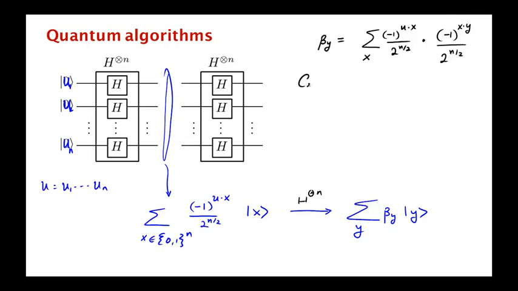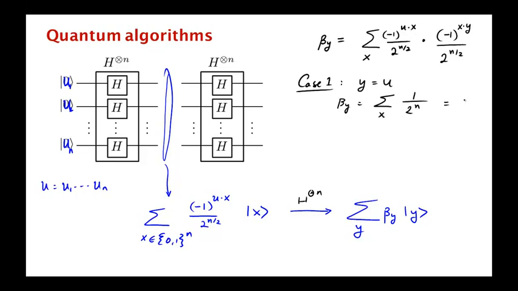So now there are two cases. Case 1: y is equal to u. If y is equal to u, then these two exponents are exactly equal, so the signs square and go away, and beta y is just a summation over x of 1 over 2 to the n.